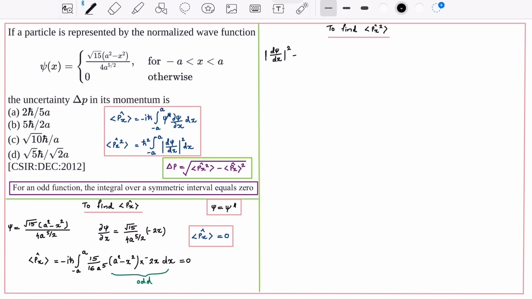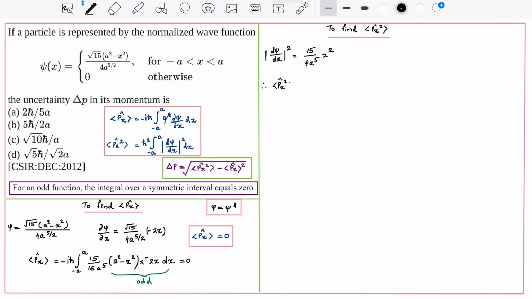We have already calculated d psi by dx in the previous section. Therefore, the modulus of d psi by dx square is equal to 15 by 4 a raised to 5 into x square.